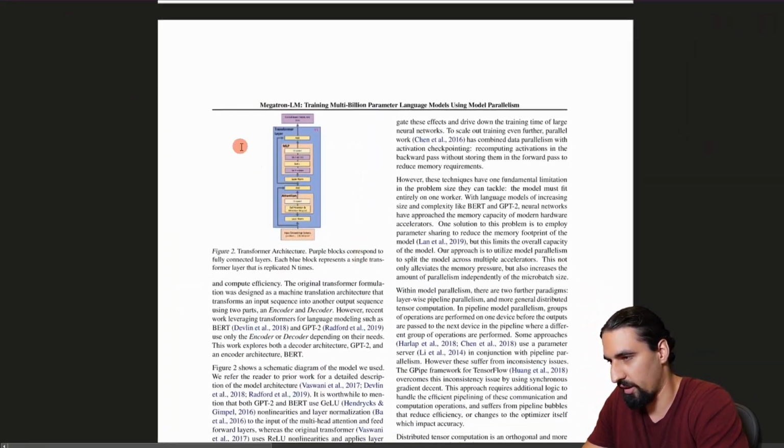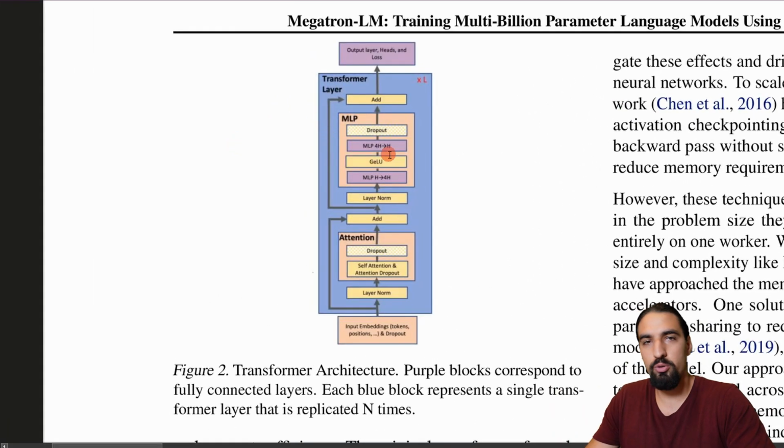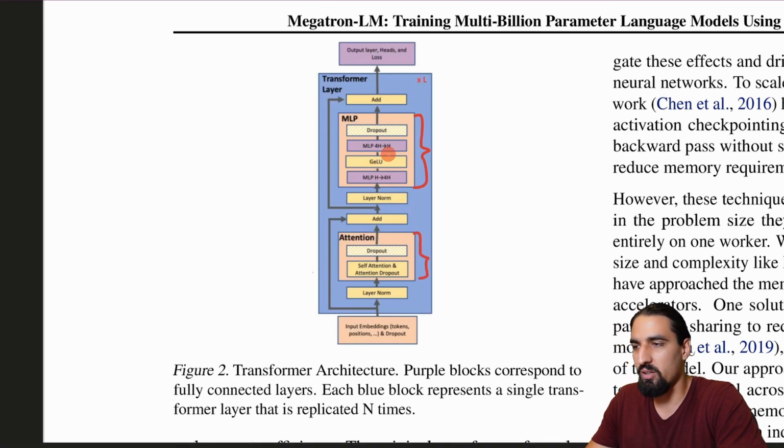Okay, so let's continue here. Let me see what's interesting. We're gonna see how we are gonna split the two particular blocks. So we're gonna see how we split the MLP block first, and then I'm gonna show you, this is probably a bit easier, how do we split the attention block, and they also split the output embeddings as well as the input embeddings.